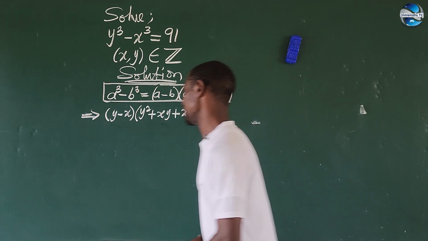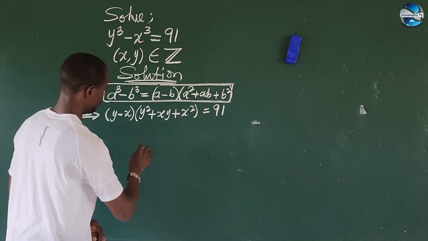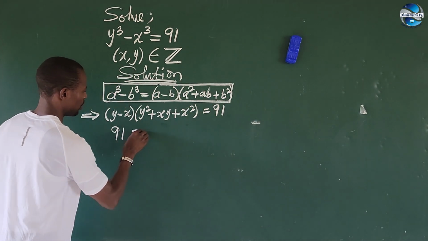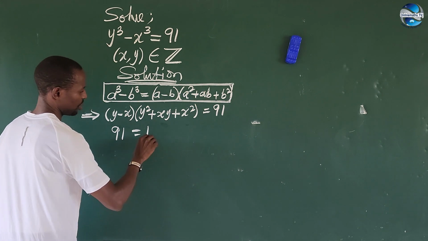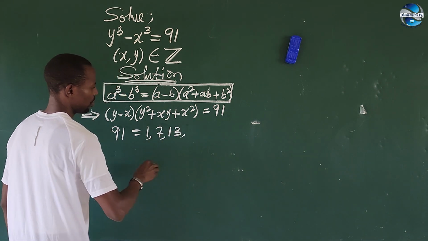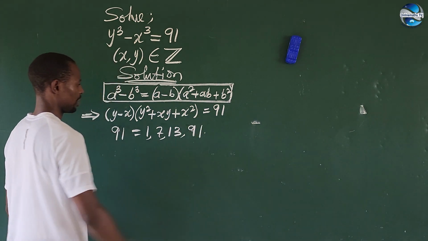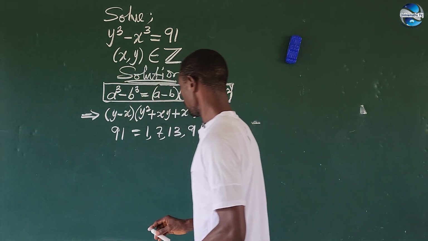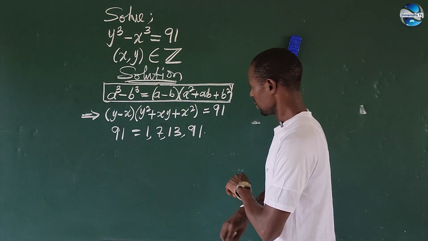So what does that imply? It means that the factors of 91 are 1, 7, 13, and 91. Okay, so these are the 4 factors of 91.